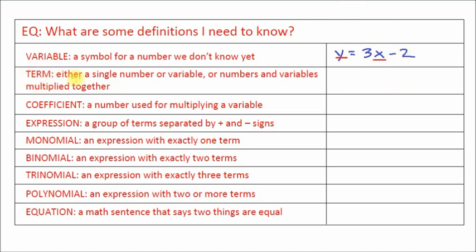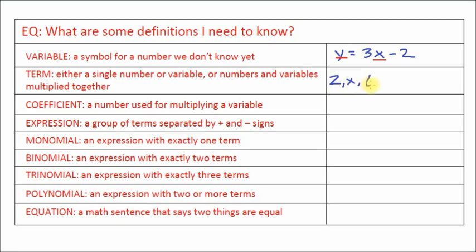Alright, let's take a look at the next one. What is a term? A term is either a single number or a variable, or numbers and variables multiplied together. So here's some examples of a term. The number 2 could be a term. It's a constant. It's a single number. I'll put commas between these so you see a bunch of examples here. X, that could be a term. It's a single variable.